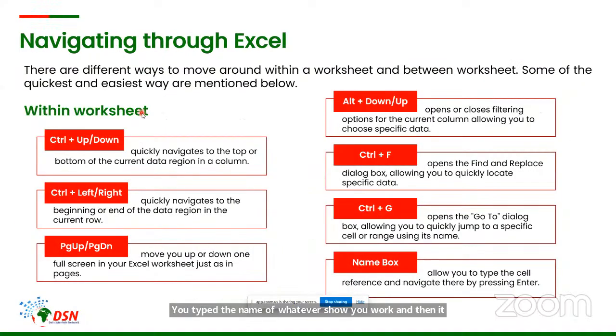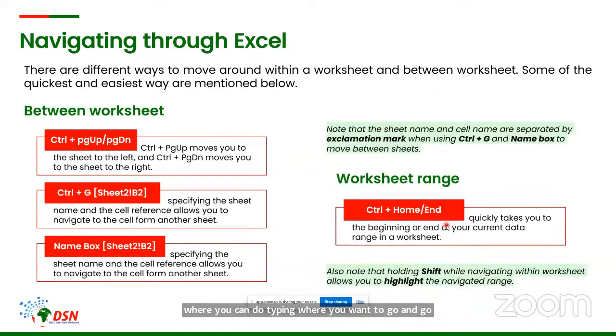So Control G and the name box do basically the same thing but in a different style. Control G opens a dialog box where you type in wherever you want to go, and it goes there. With the name box, you go to the name box and enter the name of the cell that you want to visit.